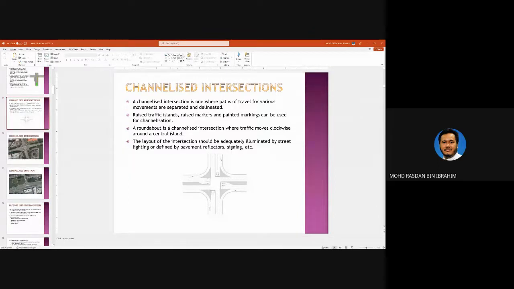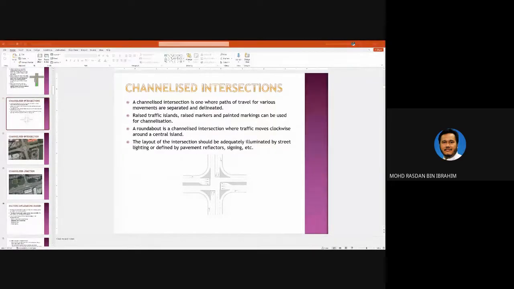So a roundabout is a channelized intersection where traffic moves clockwise around a central island, and the layout of the intersection should be adequately illuminated by street lighting or defined by pavement reflectors. So it is very important, especially at junctions, that you need pavement reflectors, signage, and very good lighting. Okay.